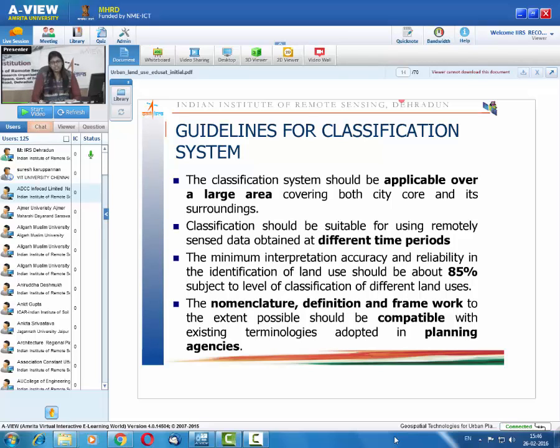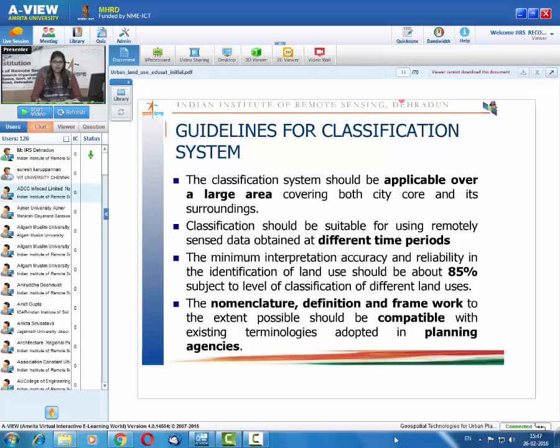Another important thing to understand, apart from hard and soft classification, is that we also classify the imagery digitally, by digitization. When we are doing digitization, image interpretation is the key to digitization by hand.